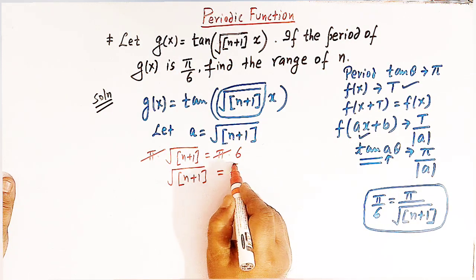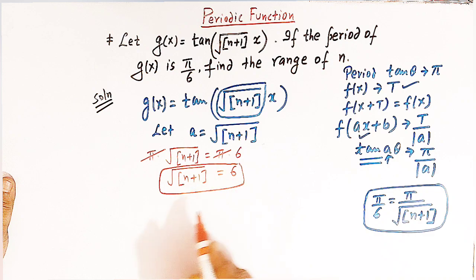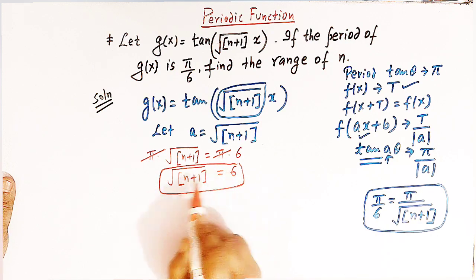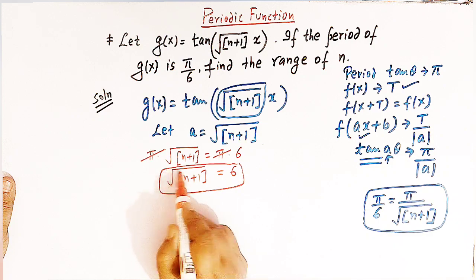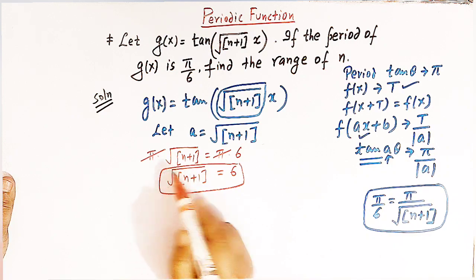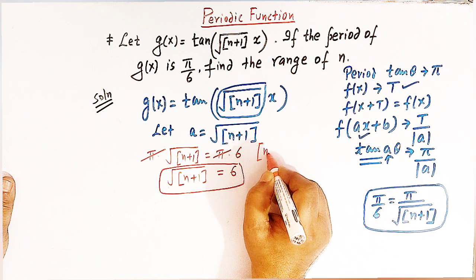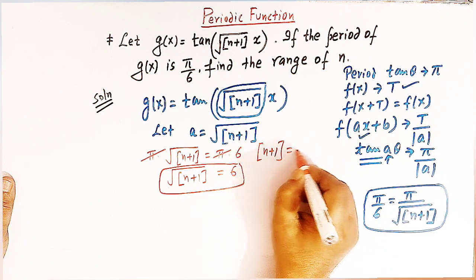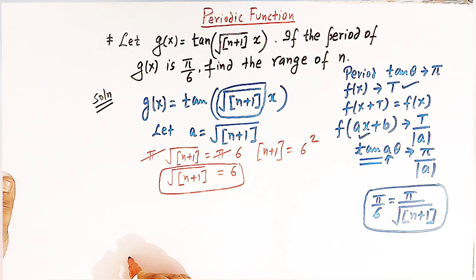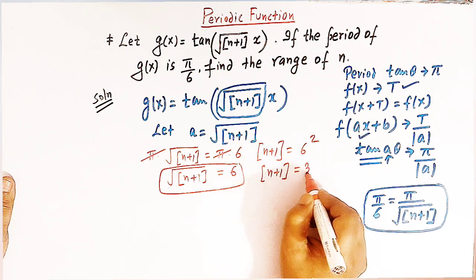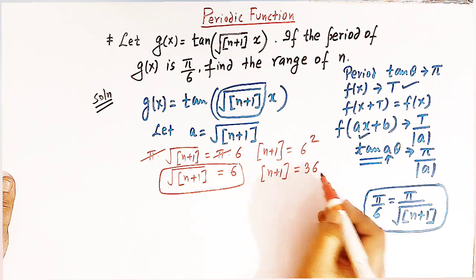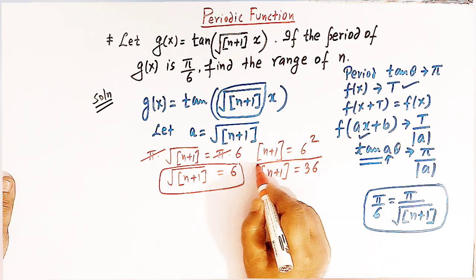Let us take the square of both sides to get rid of the square root. So the greatest integer of n plus 1 is equal to 6 square, which is 36.